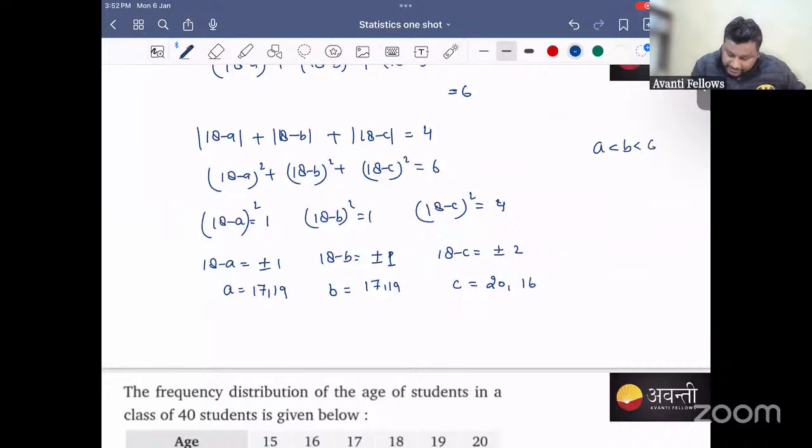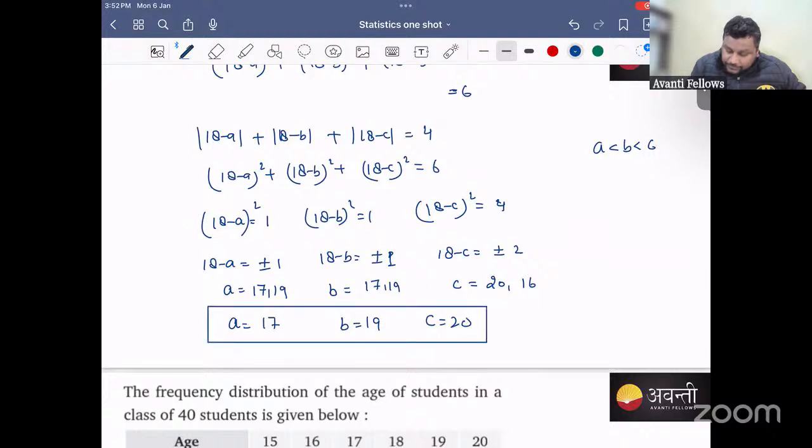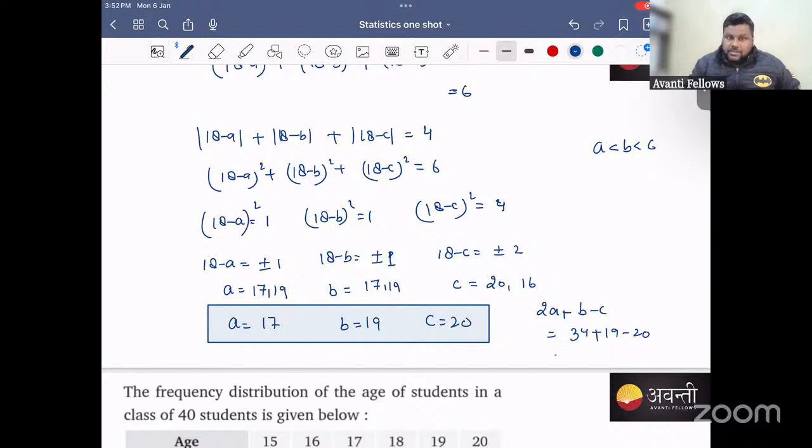So in that case, A can be 17, B can be 19, and C can be 20. This is a probable case: 17, 19, and 20. So they are asking for 2A plus B minus C. That will be 34 plus 19 minus 20. So your answer is going to be 33.